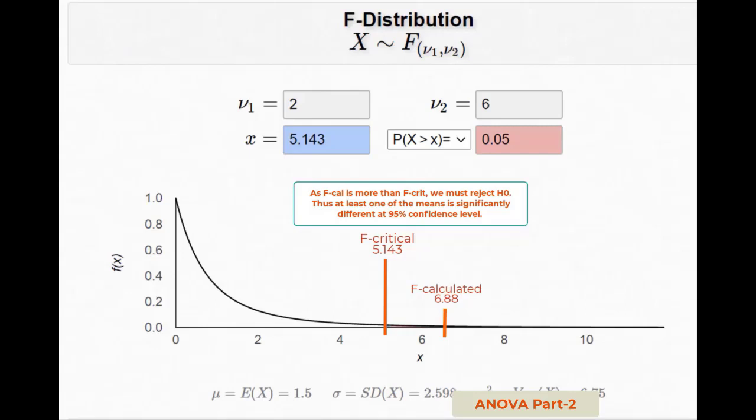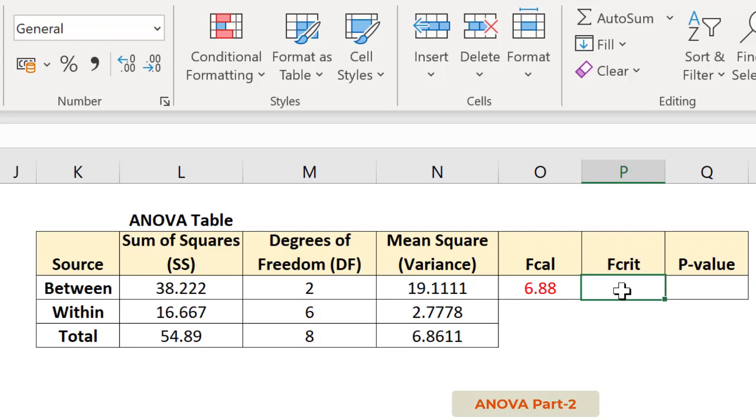The F distribution and the p-value calculations can be made on Microsoft Excel also. Let us see how we can do it on Excel. And the F critical value, we know we had calculated that in first part as 5.14, 143 to be precise.